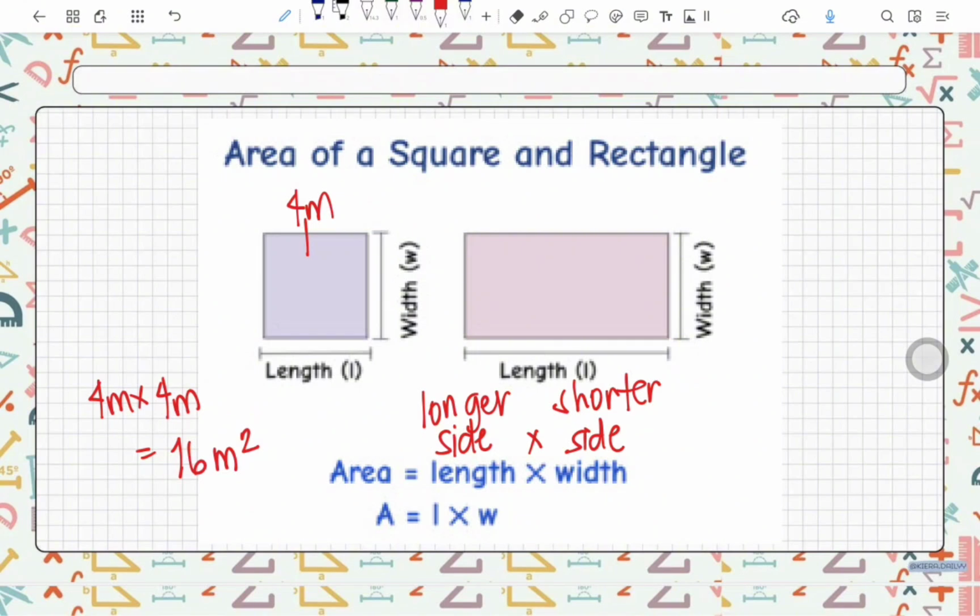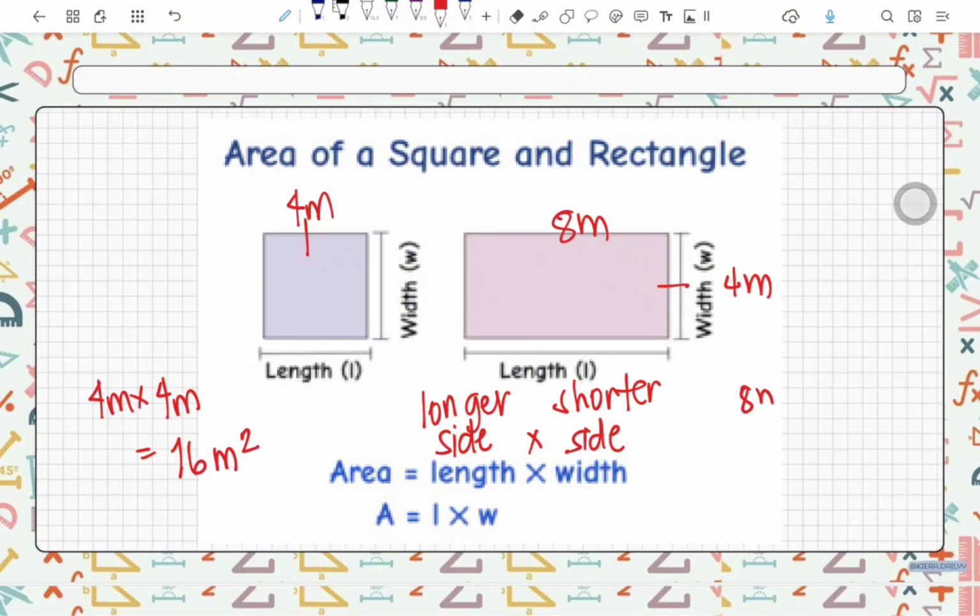Similarly, this is also the same with the rectangle. Let's say the shorter side is equal to 4 meters and the longer side is equal to 8 meters. This is not an exact measurement, only a rough estimate of the shape. So it will be longer side times shorter side, or length times width.